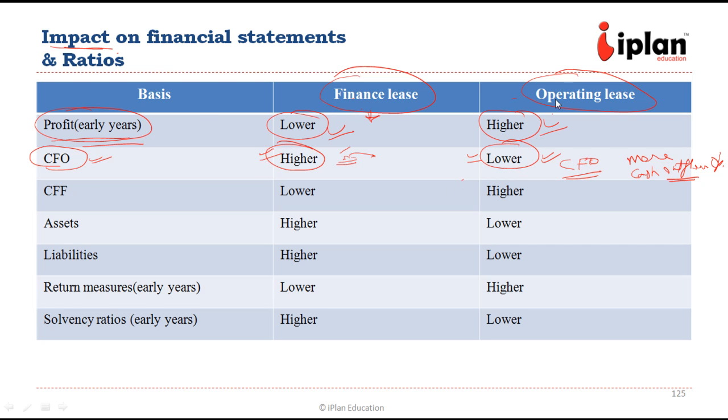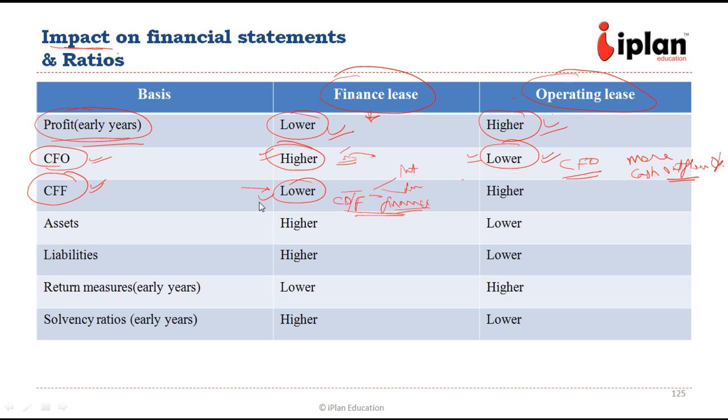And there will be the opposite case in the case of cash flow from financing activities. Since it is finance lease, there is cash outflow of financing activity, since there are two components of the lease, interest and principal. So the principal will contribute to cash outflow of financing activities, which will reduce the cash flow from financing activities.